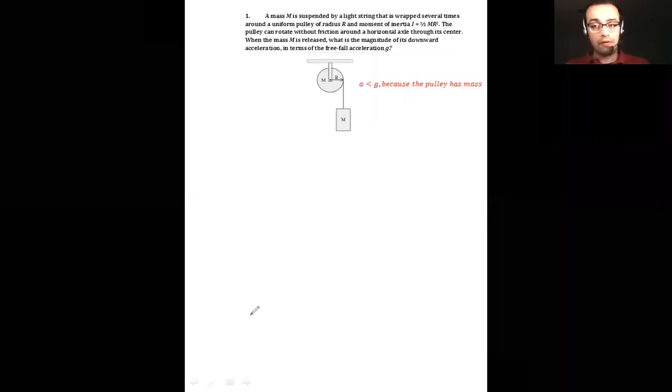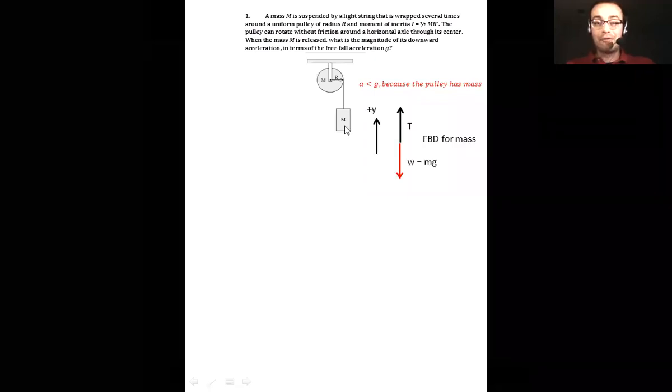Well, whenever you're in doubt, you should start drawing free body diagrams. So let's first draw a free body diagram for the mass. Let's define upwards as positive y. We have a force of tension that's acting upward on the mass, and the weight of the mass, which is acting downwards. We say that the sum of the forces in the y direction is equal to m times a_y, the acceleration in the y direction.